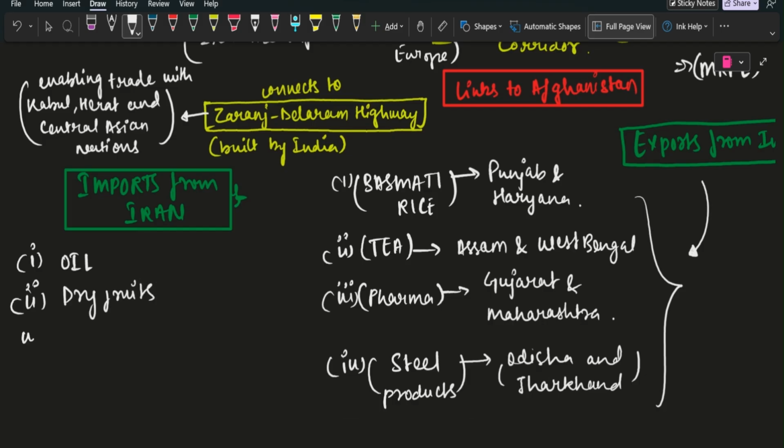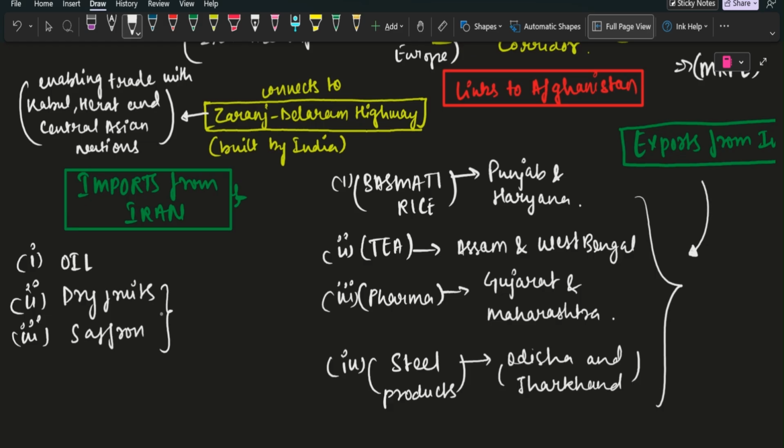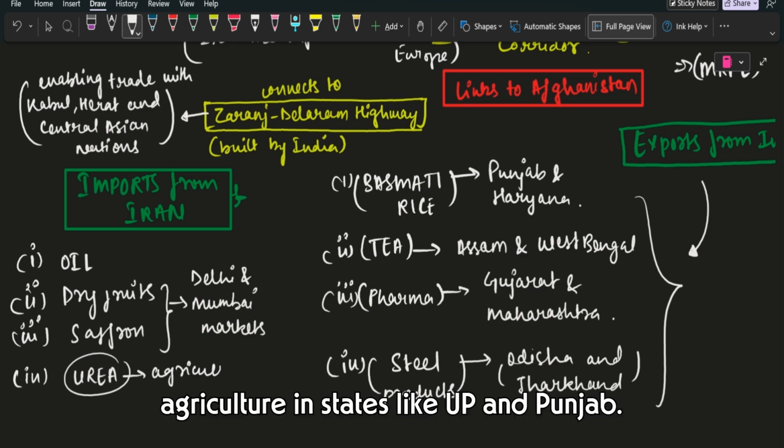Third is the saffron, and they reach the Delhi and Mumbai markets. And then we have the urea that is used for agriculture in states like UP and Punjab.